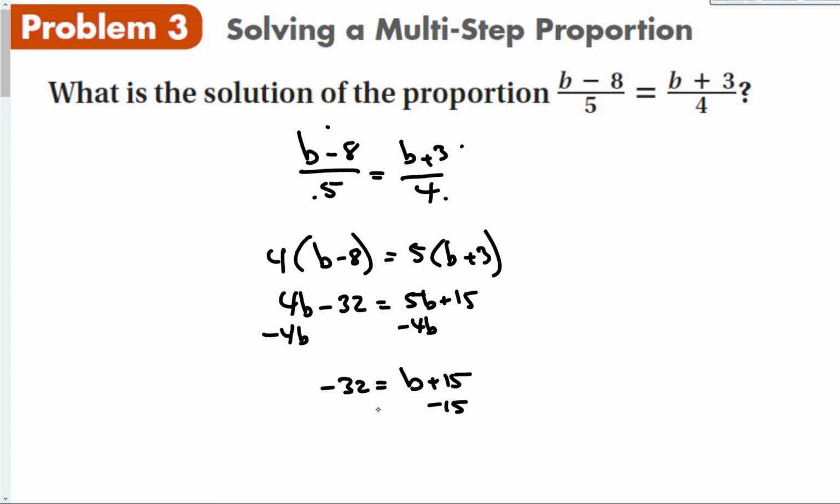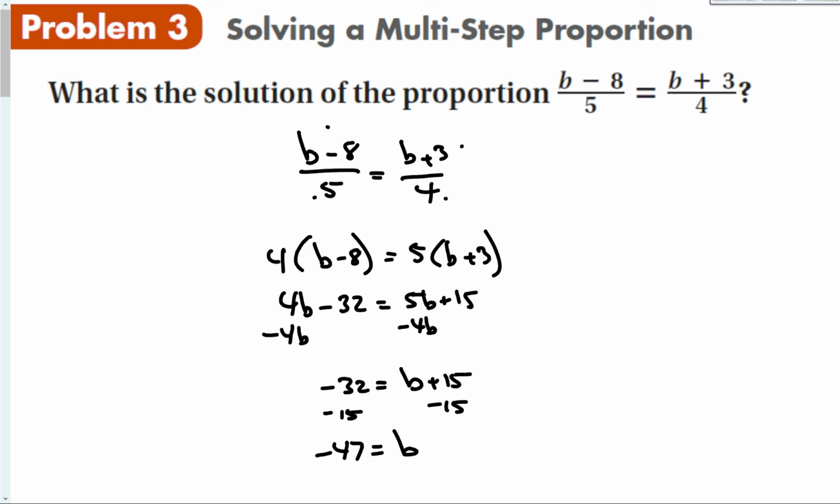And then subtract out the 15 to isolate the variable. And I get negative 47 is equal to b. Tough to just double check yourself here because we're plugging it back into the equation, right? We're not solving for the answer on the top. All we're doing is solving for b in this case.